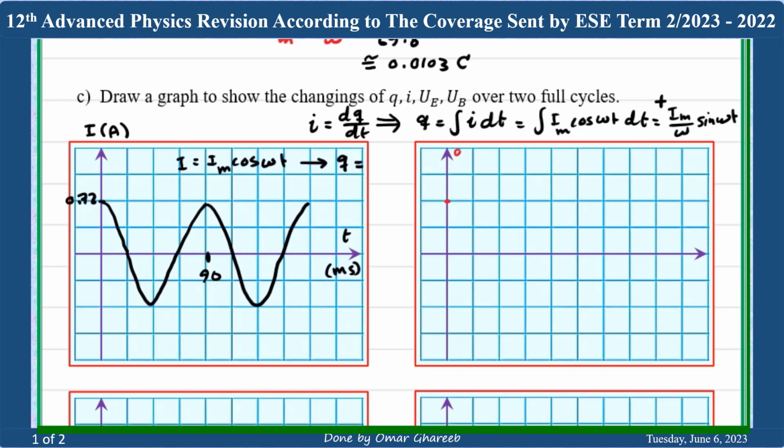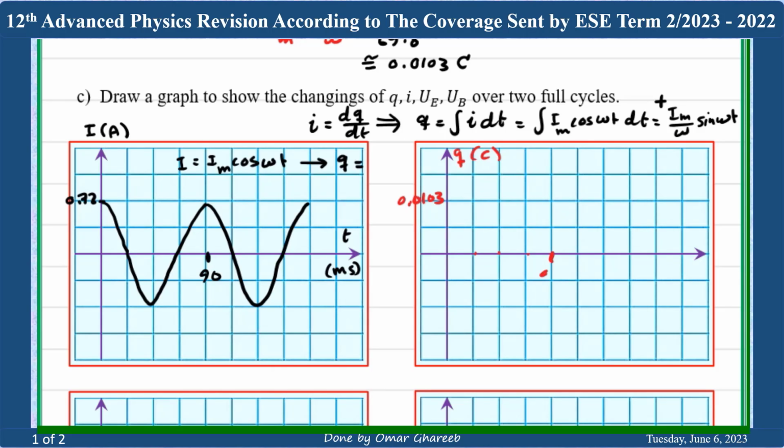So here Q in coulombs, the maximum value is 0.0103. The period: 1, 2, 3, 4.